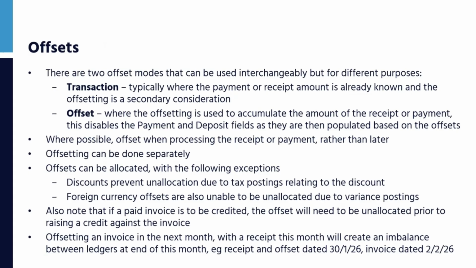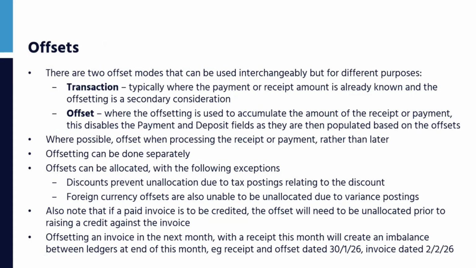So basically, Sybiz Vision gives you two different offset modes. You have transaction and offset. Typically you'd use the transaction mode where the payment or receipt amount is already known, and then you're going to have the secondary consideration as to what you're going to be offsetting.